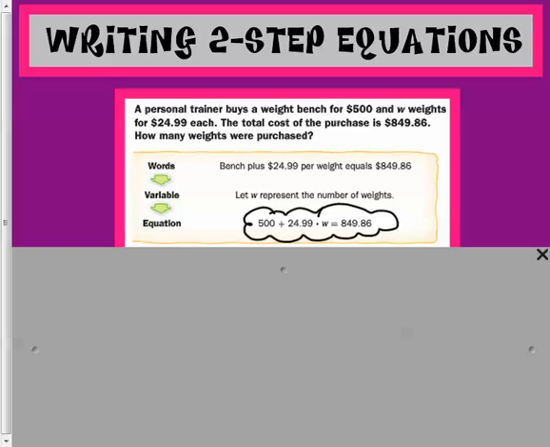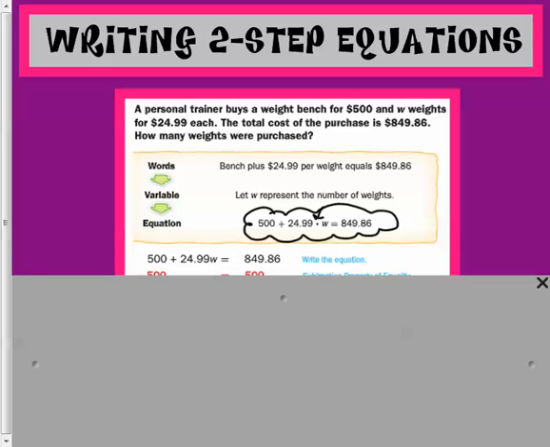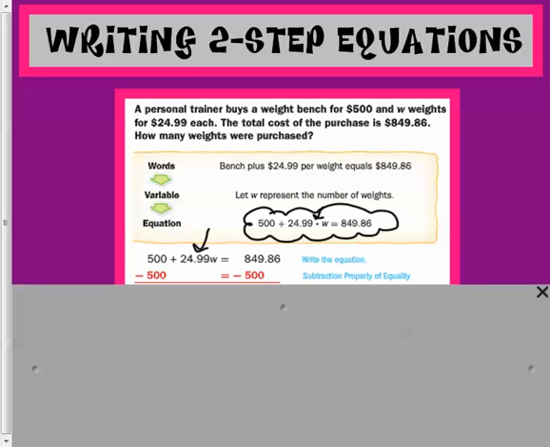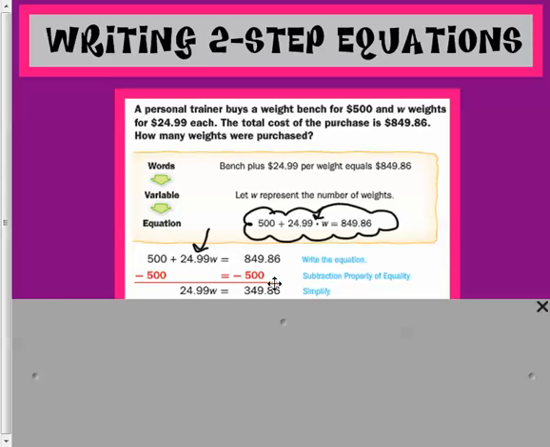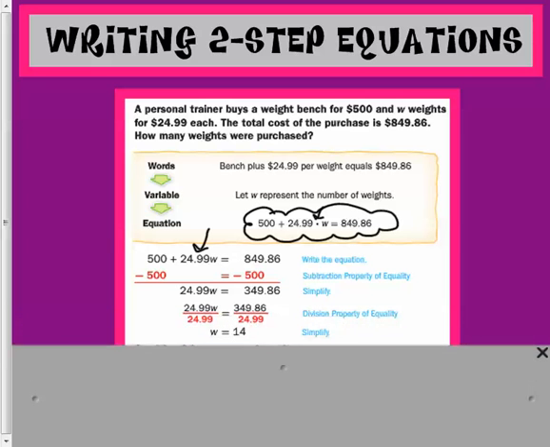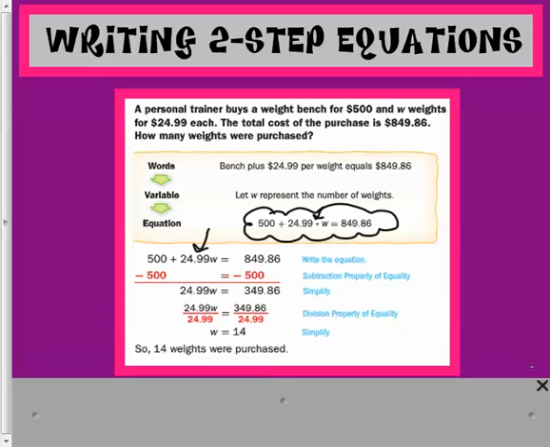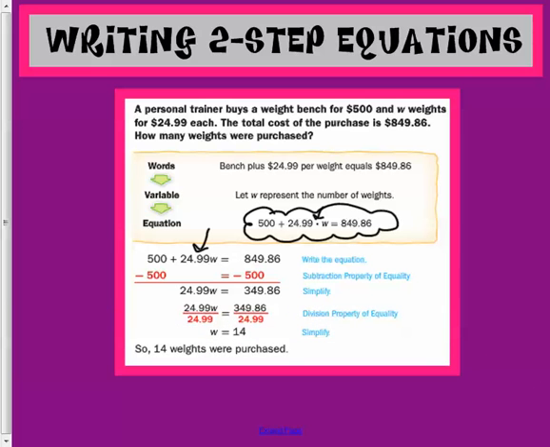We don't even need that little multiplication dot anymore. We can just write it like this. Let's take the $500 away, and we know that just for the weights alone, they're costing us $349.86. So if we divide by 24.99 on both sides, we're left with 14 weights. So we purchased 14.